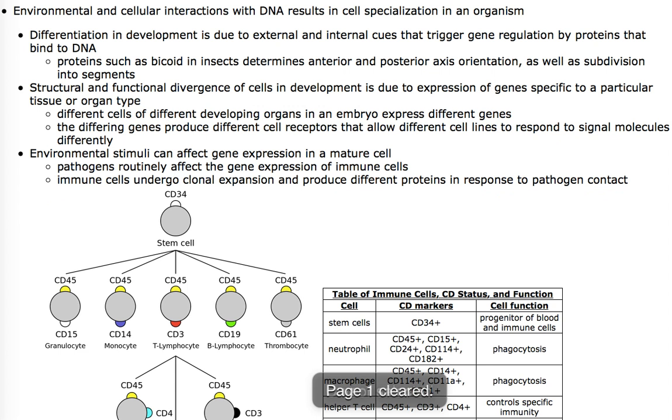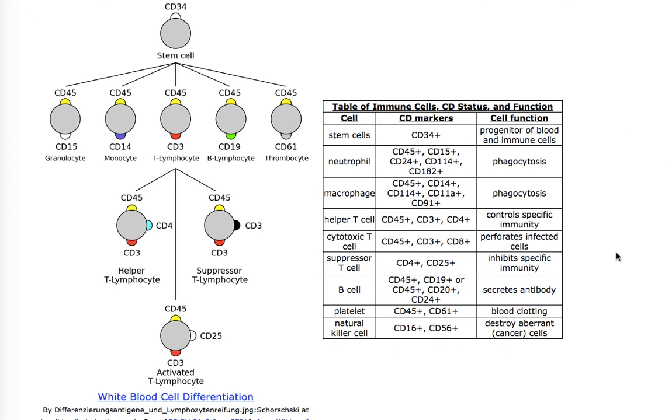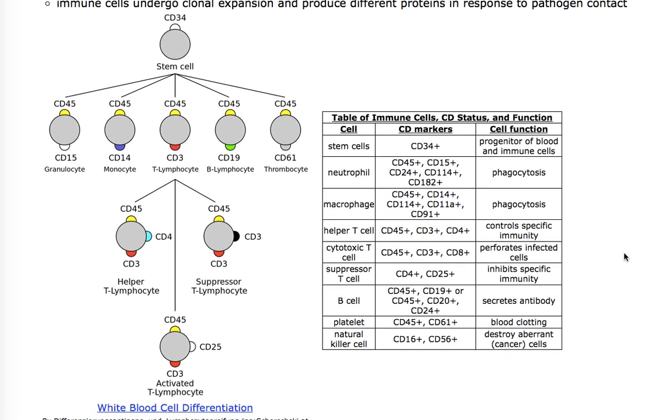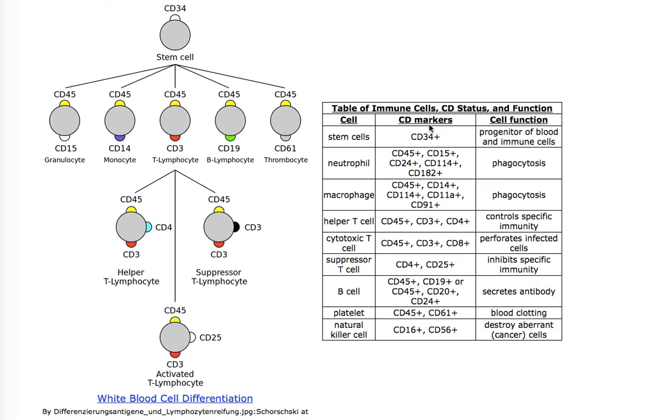So, the white blood cells in the human body come from stem cells in the bone marrow. And in the bone marrow, a progenitor cell, depending on where it is in the bone marrow and what chemicals are stimulating it, can produce a whole different set of cell lines.